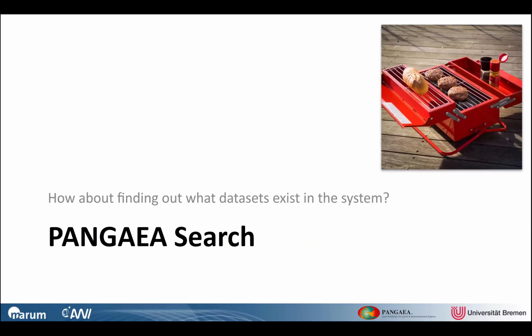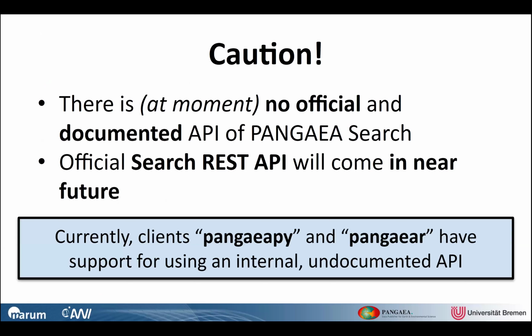So the last one is about the Pangea search, and I have to tell you at the moment, there's no official or documented API to the Pangea search. There will come a search REST API in the future, but at the moment, Pangea Pi and Pangea R have an internal implementation for searching datasets in Pangea, which is available there. It has some limitations because it's only for the web page and not machine usable.